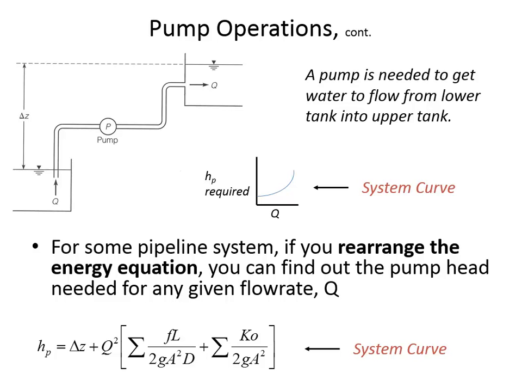And the reason for that is you think about you have some velocity head. There's energy tied up as velocity head as the water's flowing through the pipe. As soon as the water exits the pipe and goes into the tank, all of that velocity head is instantly lost. And you'll remember that when we talked about hydraulic grade lines and energy grade lines last semester, if we had a tank of some sort, here's the water surface.